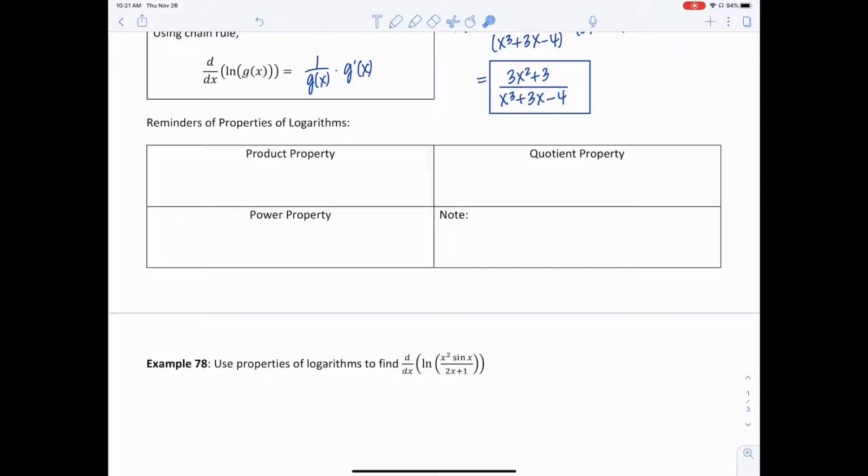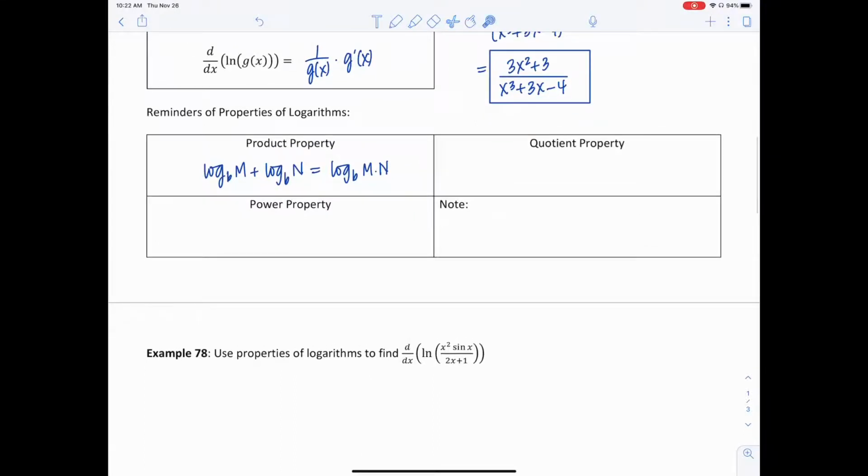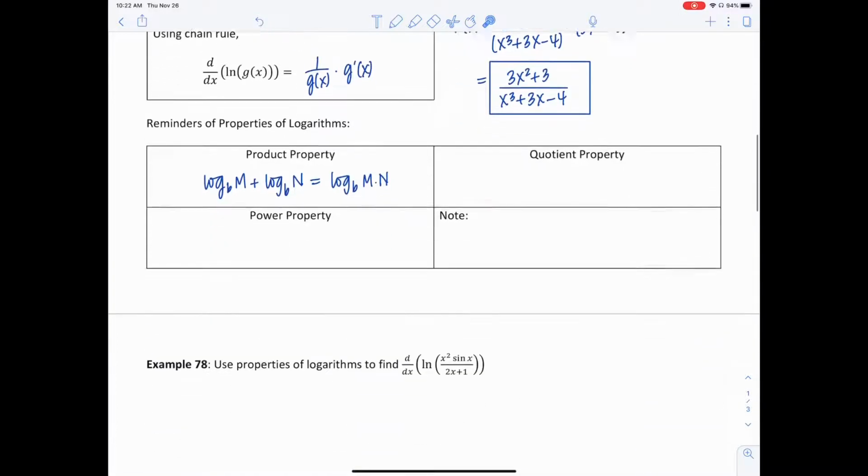The product property of logs says that if I have log base b of m, where m is some expression, added to log base b of n, you are able to multiply m and n together as a single log, still base b. Right now we've been dealing with base e, the natural log, but this is true for any base.